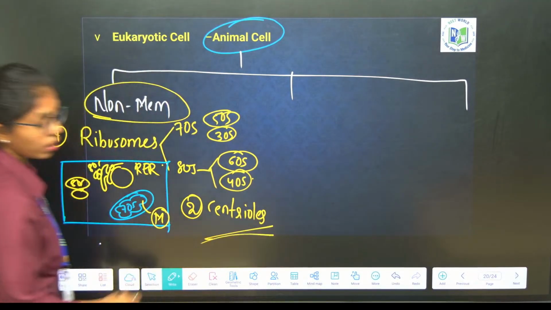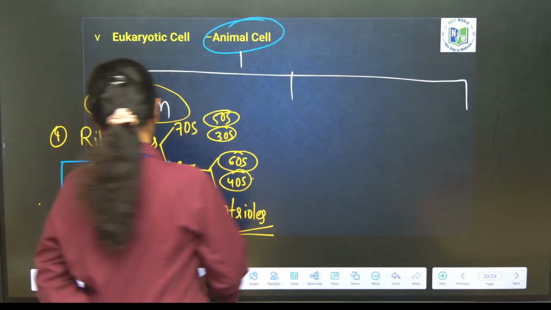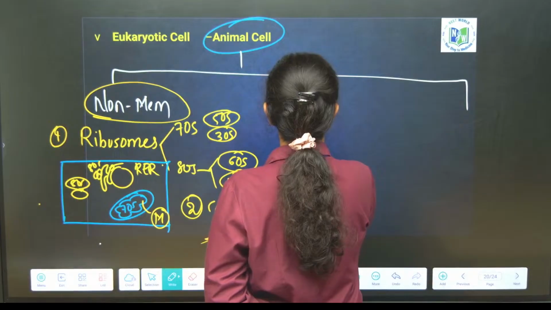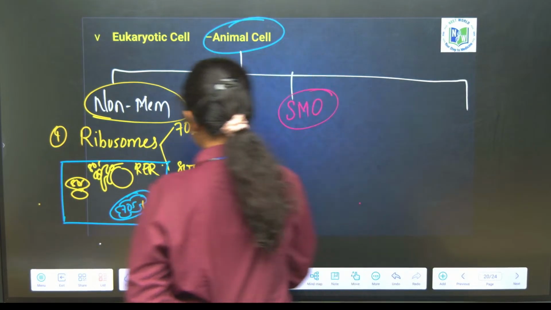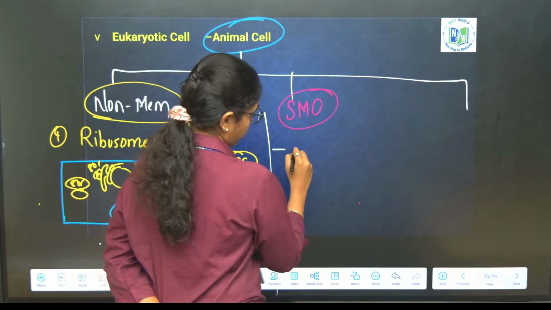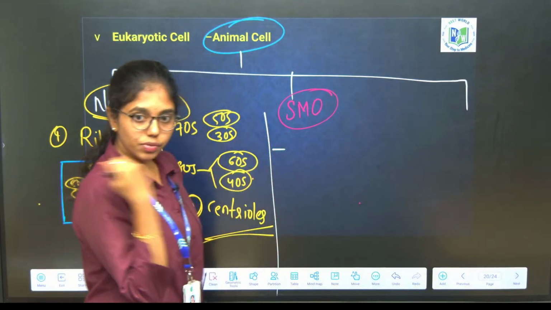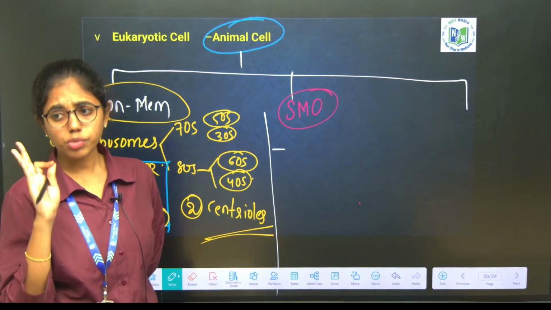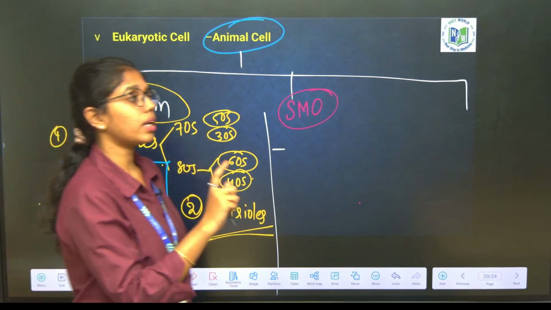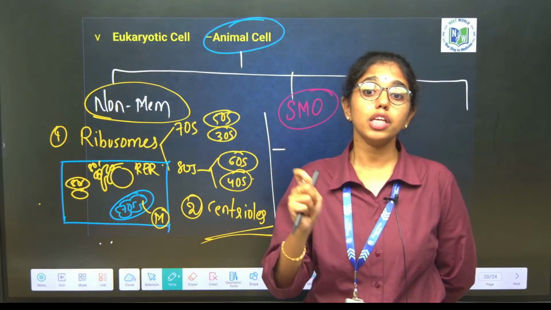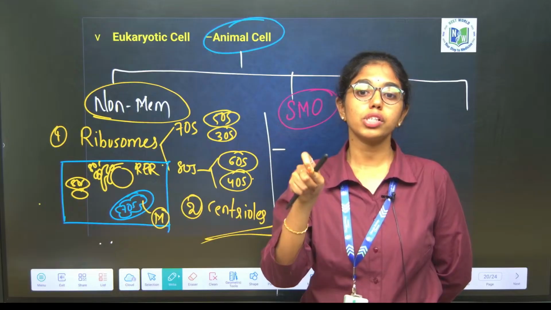And then we have single membrane bound organelles. First, we have to remember the organelles of the endomembrane system. Quite a few times in your NEET, two to three times, a question is placed on whether these organelles are present in the endomembrane system or not.